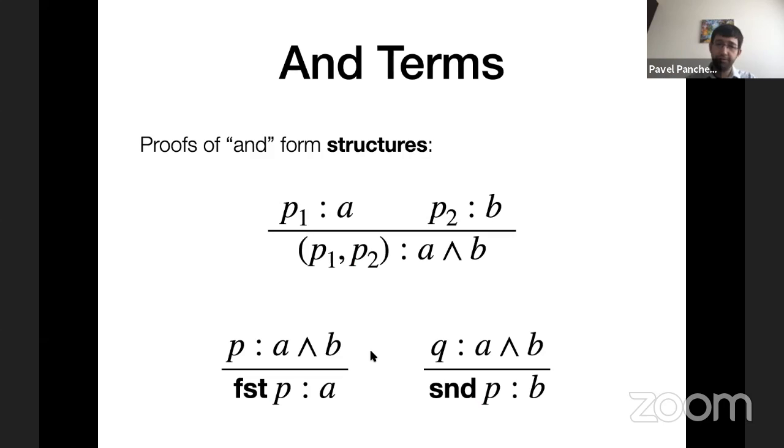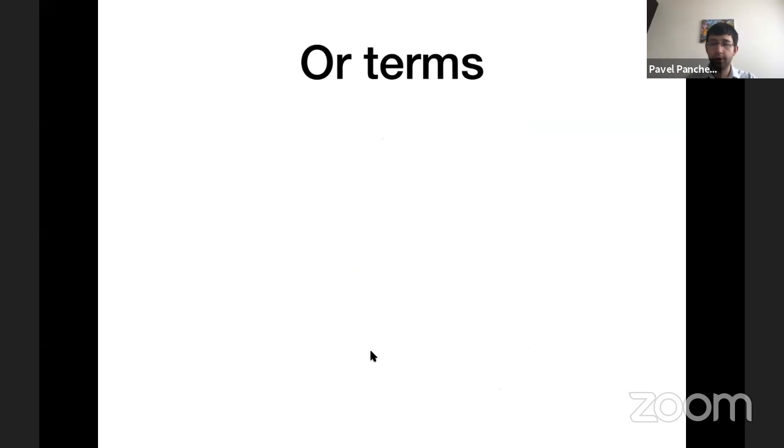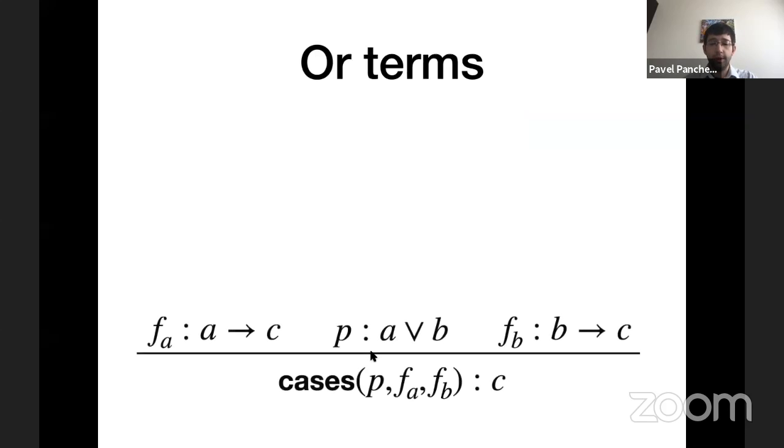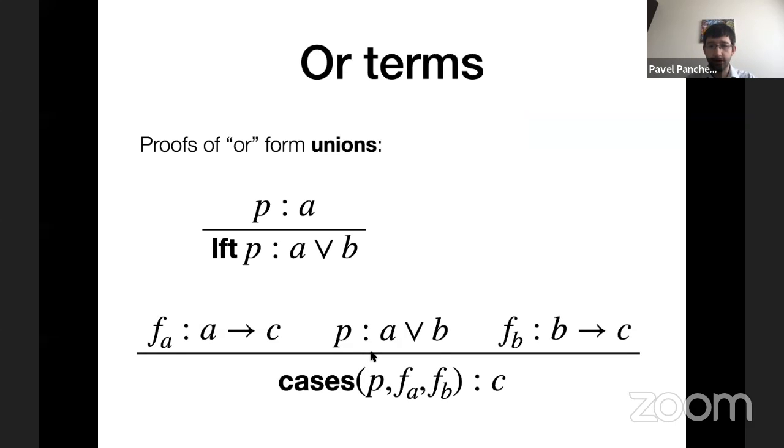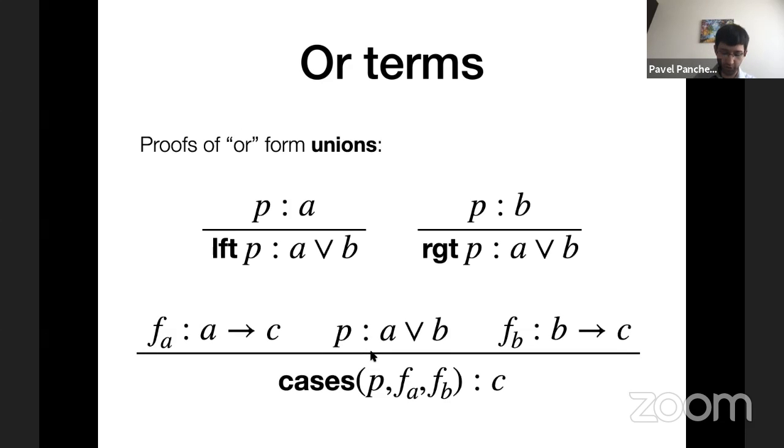Okay, then if this makes sense for and terms, let's also look at or terms, which are the natural sort of dual to and terms. Actually, let's look at the introduction rules first. My introduction rules were that if I know A is true, or if I know B is true, either of those is sufficient to derive A or B. And just to write down which of those 2 rules I used, I'm going to use these new left and right notations.